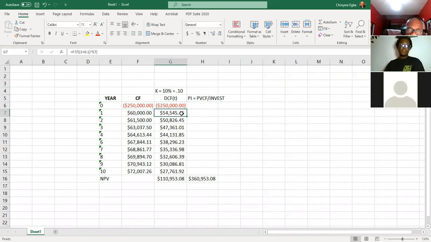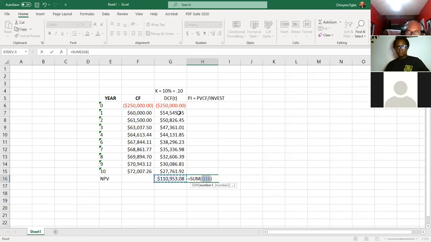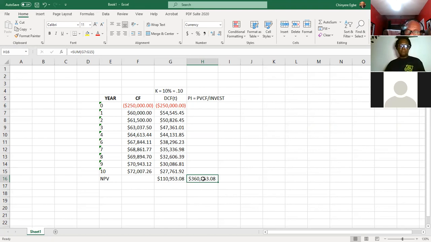And so in that case, the PV of the cash flows will be all the positive cash flows for the future. And then you divide this by that. Essentially what I have done is to take the sum of the positive cash flows, which is these cash flows, and that gives you 360,000. And so the PI will be this divided by that. That is to say, the sum of the positive cash flows over the investment.